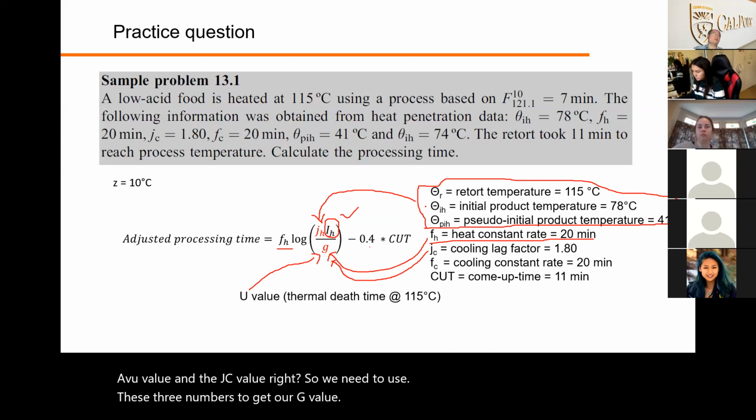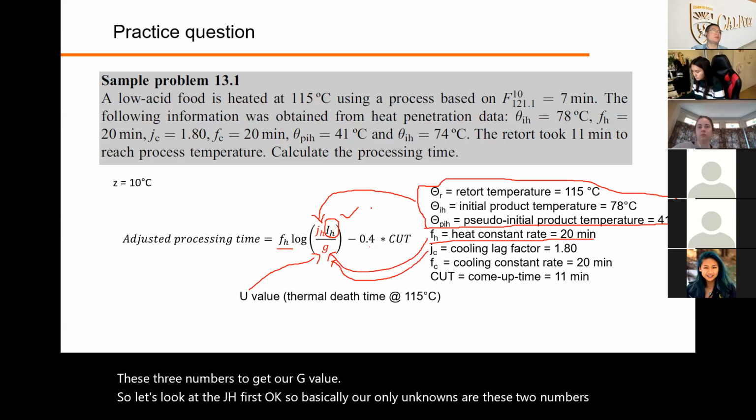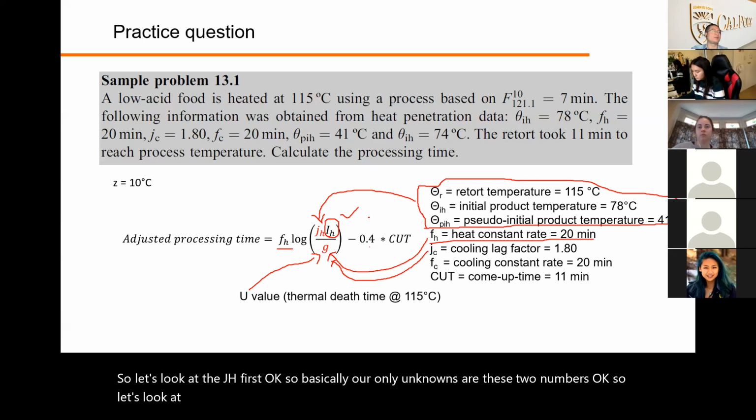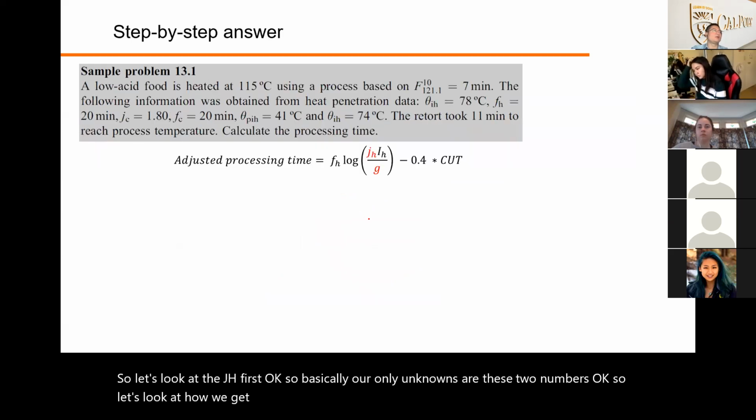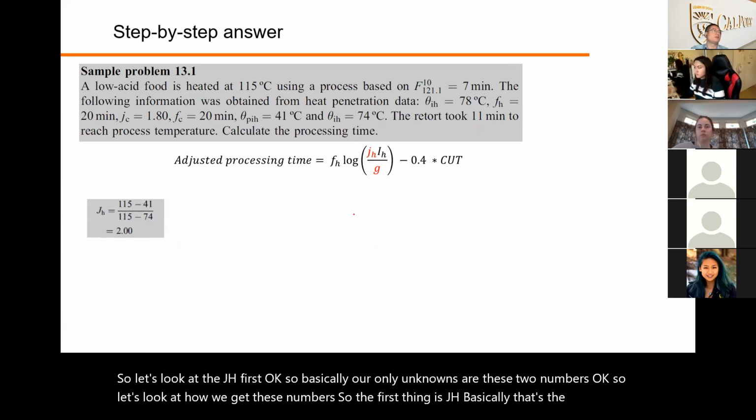So let's look at the JH first, okay? So basically our only unknowns are these two numbers, okay? So let's look at how we get these numbers. So the first thing is JH, basically that's the thermal lag factor, right?